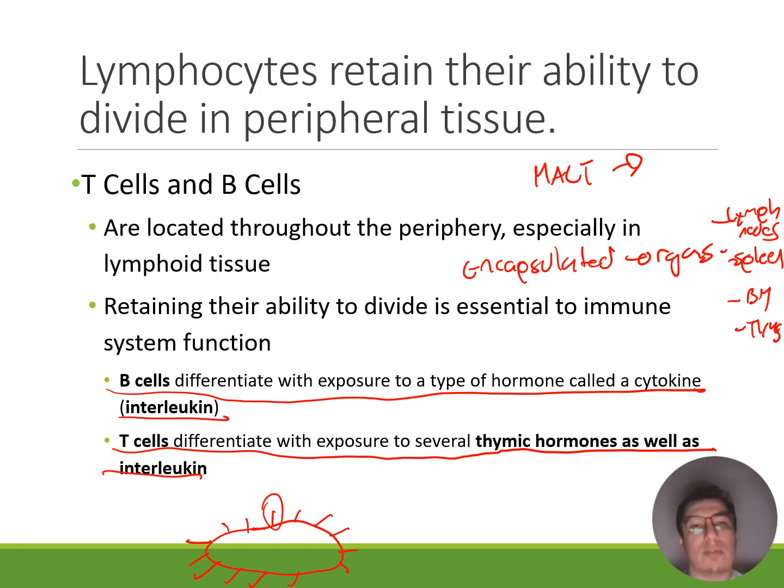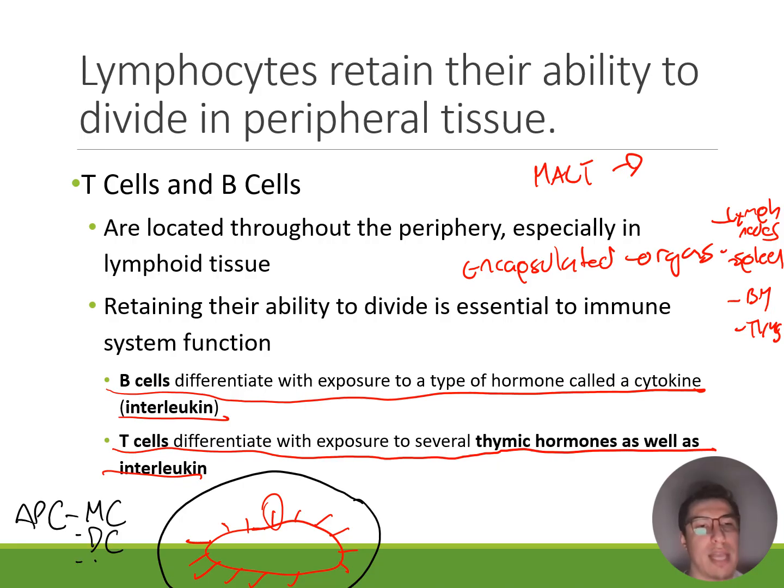There are a couple ways in which it can be activating your immune system. One is by antigen presenting cells engulfing, such as macrophages. We have antigen presenting cells, different types, including macrophages, dendritic cells, Langerhans cells, and also B cells.